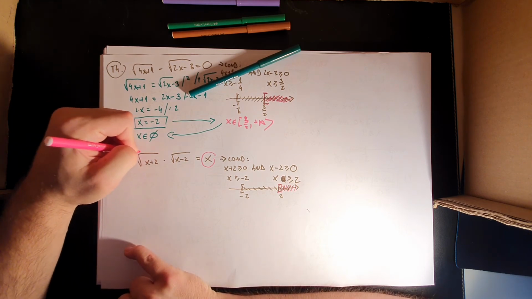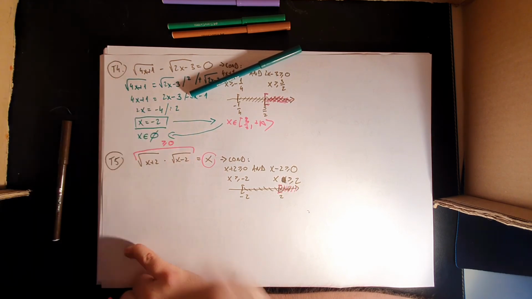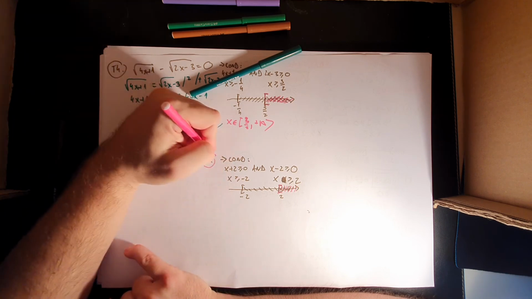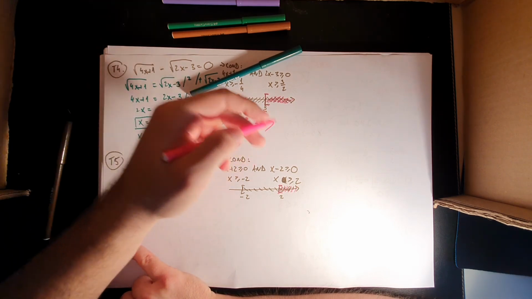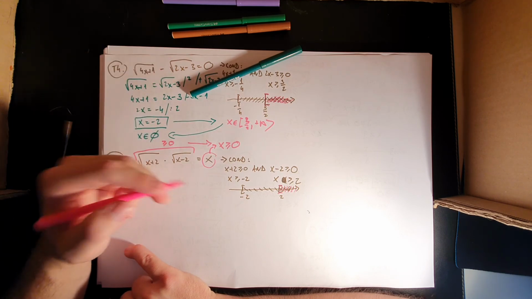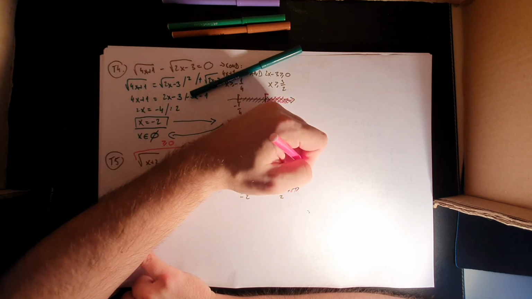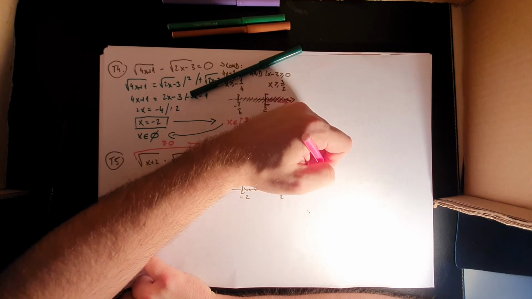So the whole thing has to be greater than or equal to 0, meaning that x, because of this, also has to be greater than or equal to 0. So we have another, hidden condition: x is greater than or equal to 0.